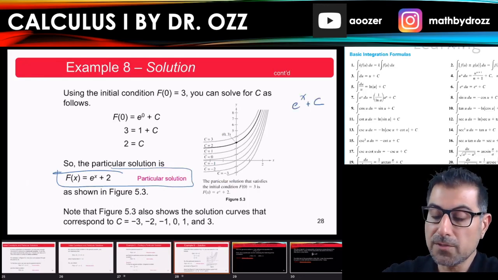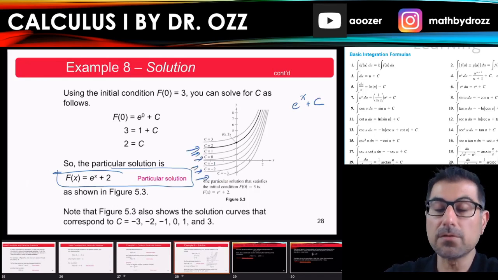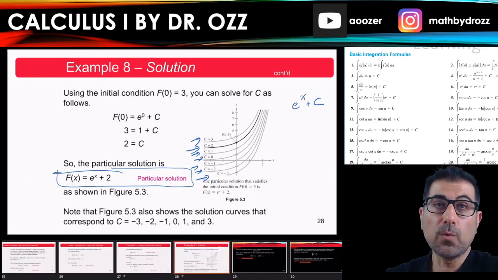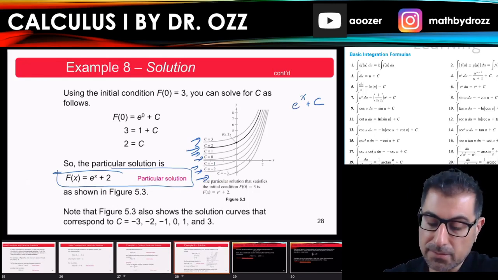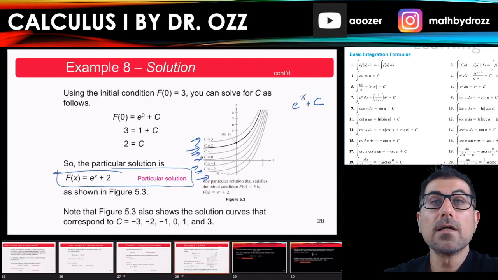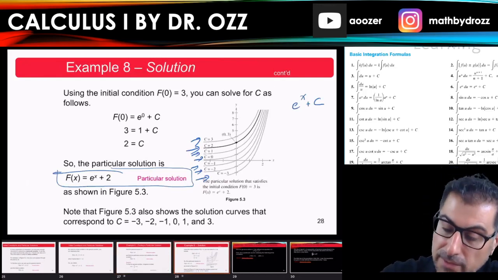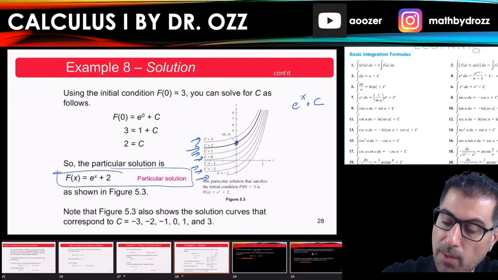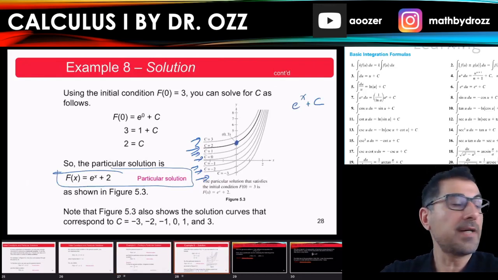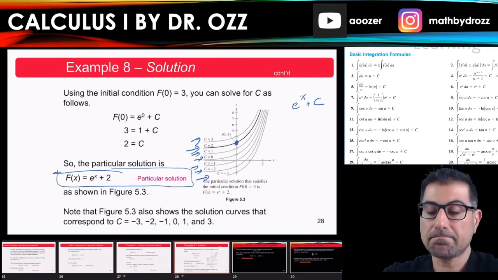For different choices of c, you have a particular solution corresponding to that. And out of infinitely many of those, I'm looking for the one that passes through 0 and 3, which is right here, and that one corresponds to the case where the arbitrary constant is 2.